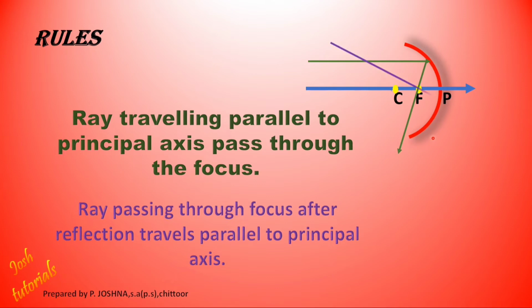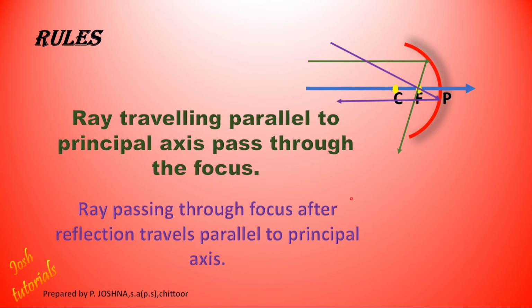Look here, the violet color ray is passing through the focus point, so it moves parallel to the principal axis. And one more thing, if a ray goes straight to the center, it reflects back along the same path.